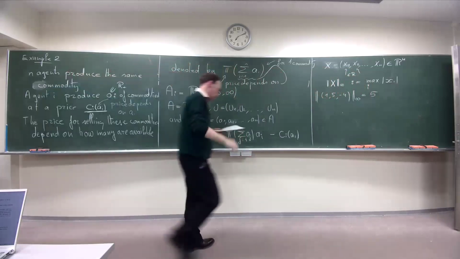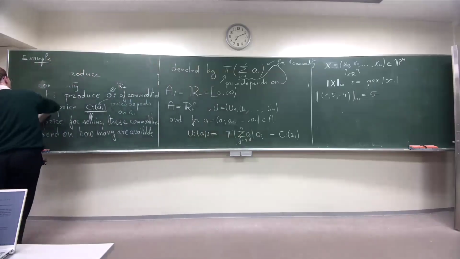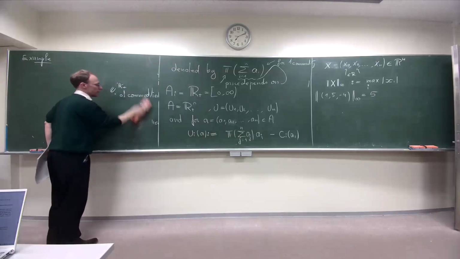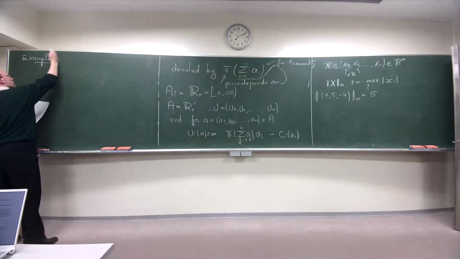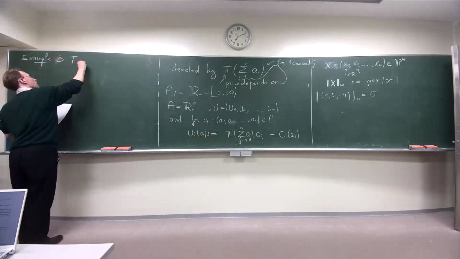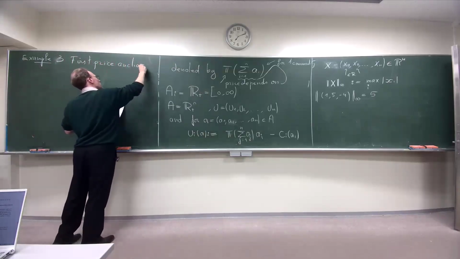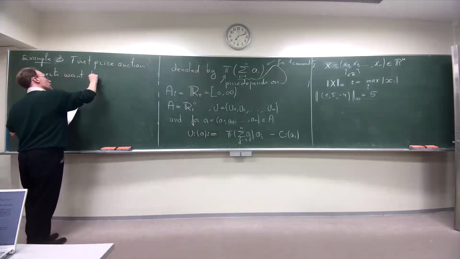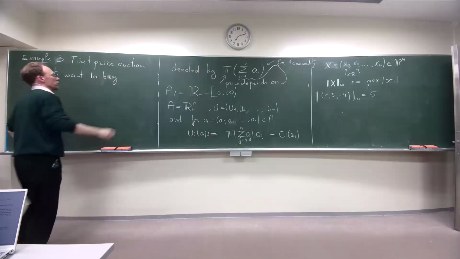I need this notation for the next example. It's about an auction, a very simple auction. Example 3, first price auction. So we have again n agents who want to buy something.